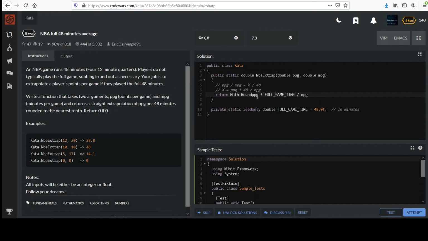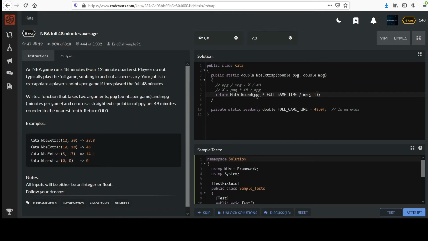Let's go ahead and round that to 1 decimal place. And you should remember this. We've used this before, where you specify a floating point quantity, and then the second parameter is how many decimal places you want it rounded to. In our case, a tenth is just 1 decimal place, so I entered 1 there.